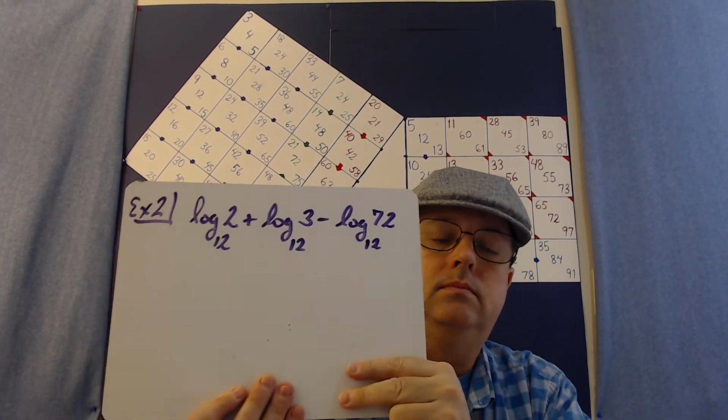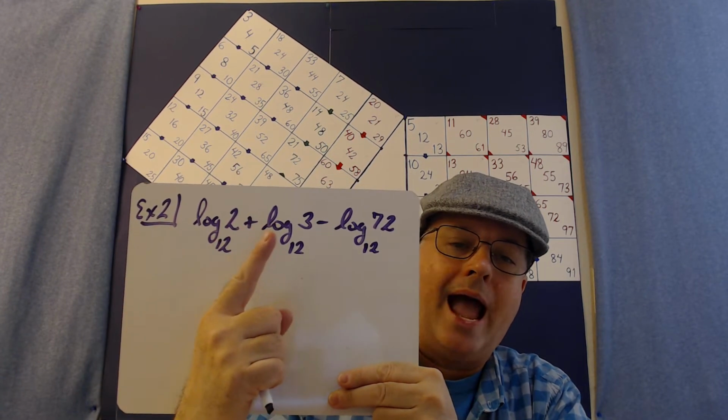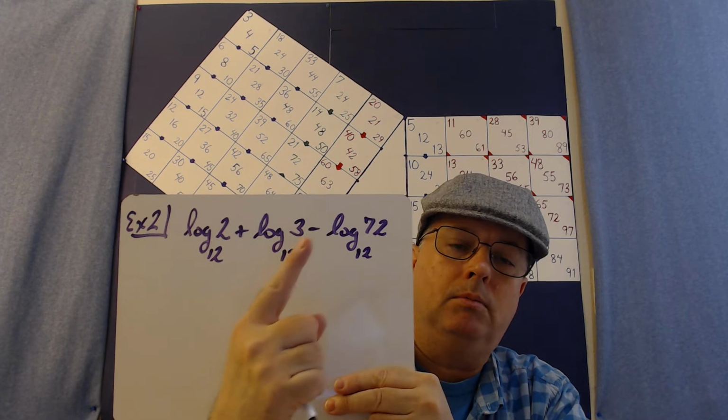Okay, so we're going to do log base 12 of 2 plus log base 12 of 3 minus log base 12 of 72. Okay, so once again, when we're adding logarithms, that means we were multiplying.